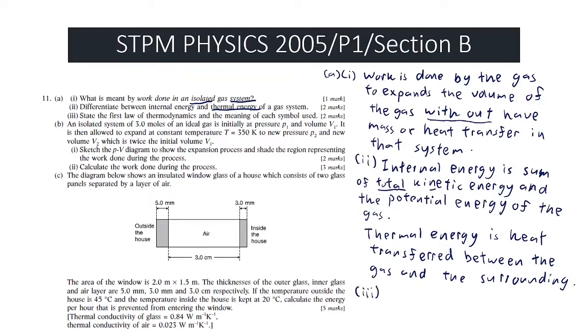So this is given by delta U equals Q minus W. This delta U is internal energy, and this Q is the heat transfer, and this W is the work done.